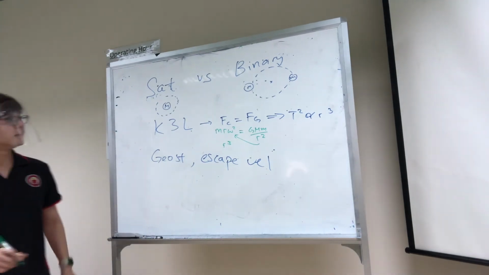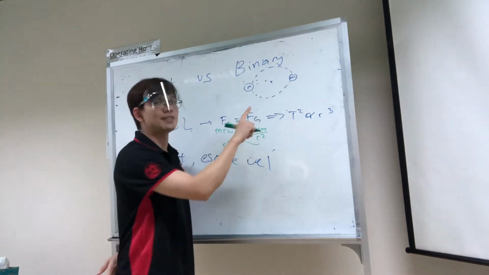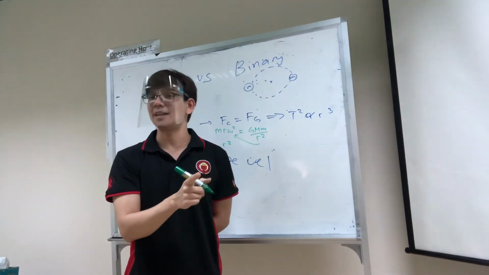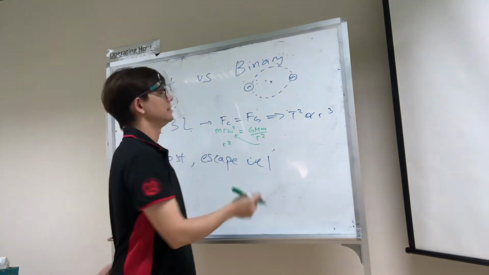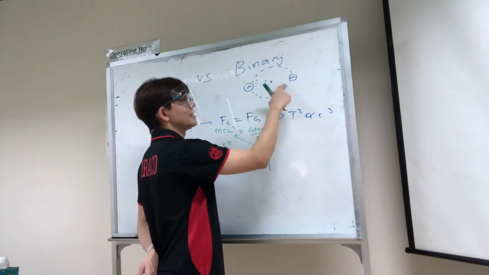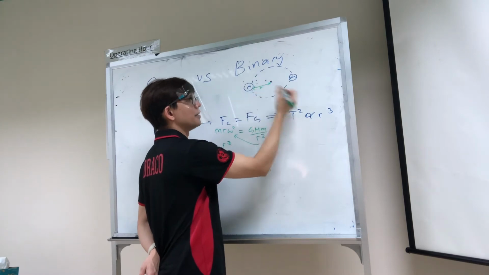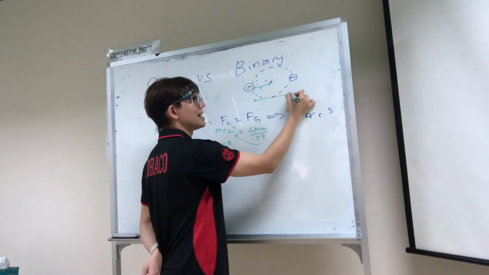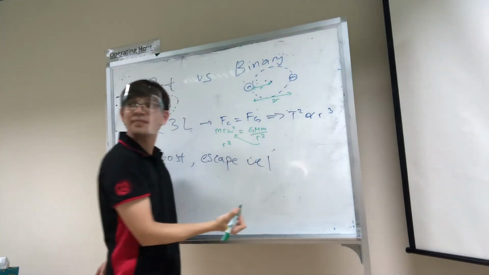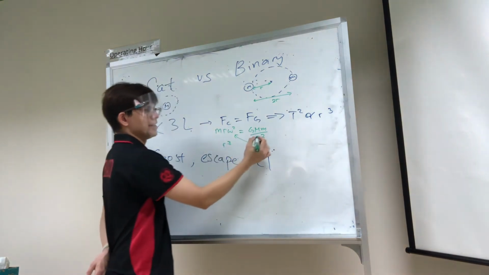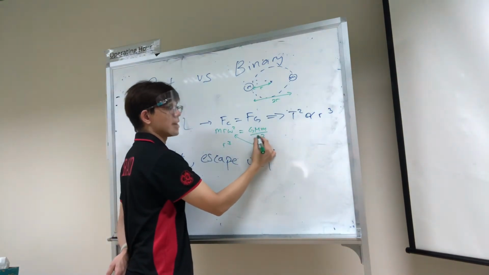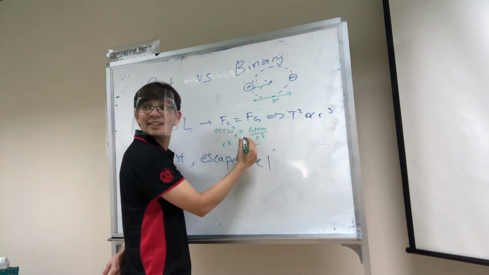Why? Here, in the binary star case, let's assume that they are the same mass binary star as the extreme case. What is the distance between the two stars? Same, let's call this r. So the distance between the two stars is 2r. So, in the gravitational force, this wouldn't be r squared, it will be 2r squared.